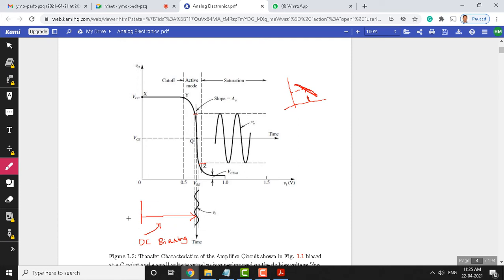So we must apply biasing, so that the circuit adds DC to the waveform. This sinusoidal, which earlier oscillated at the origin, is now pushed into the linear region, from here to here, and the signal will be faithfully amplified. That is how things work in a linear amplifier.